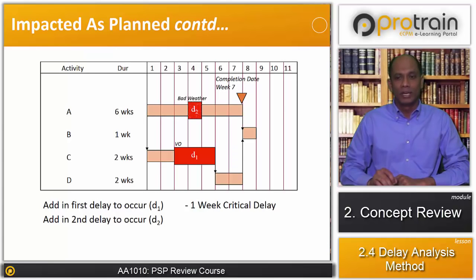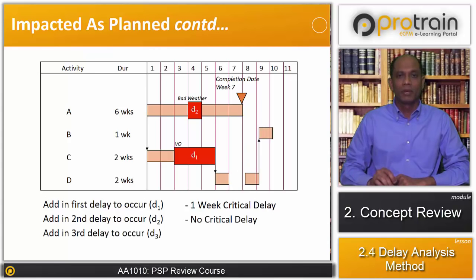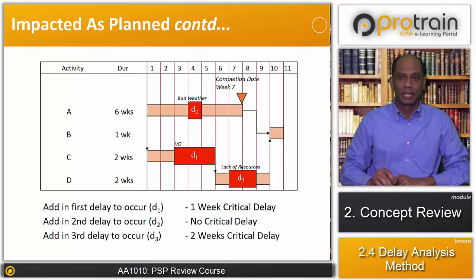Then what we will do? We will insert the second delay of bad weather, and we'll find out that no critical delay is occurring to the project because of the bad weather. Then we go ahead and insert the third delay of lack of resources, and we find that 2 weeks of critical delay is added to the project.